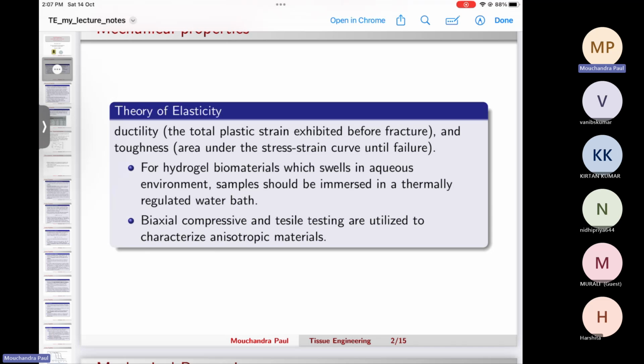We looked into the classes of biomaterials. There are three classes used for tissue engineering applications or for fabrication of medical devices: metals, ceramics, and polymers. Under polymers, we can again classify into natural polymers or synthetic polymers.